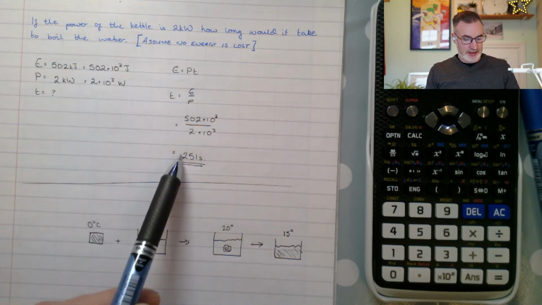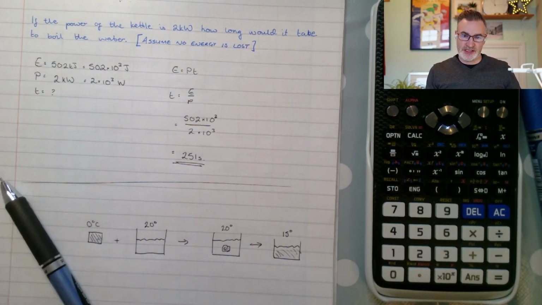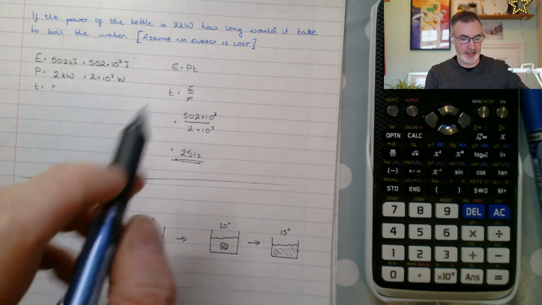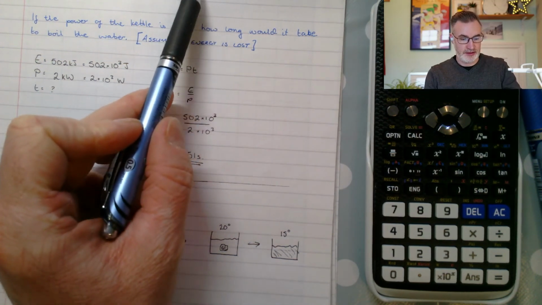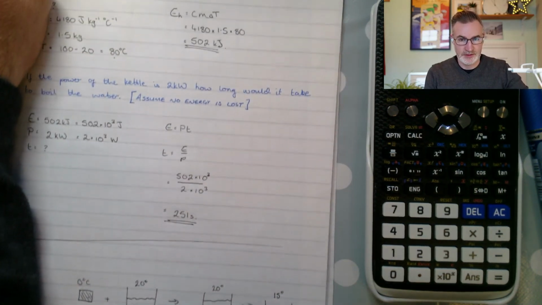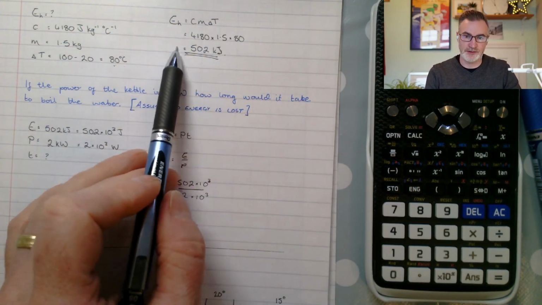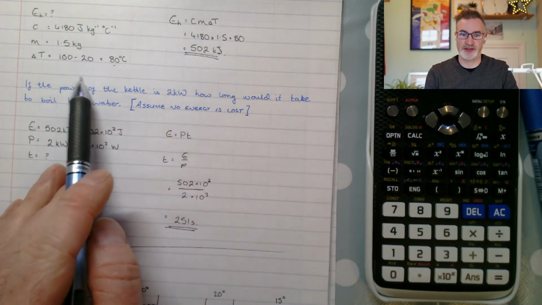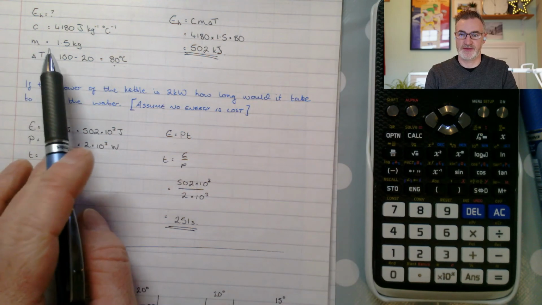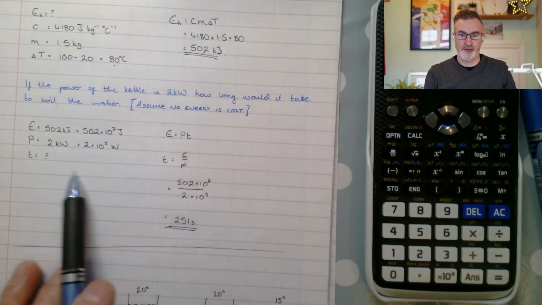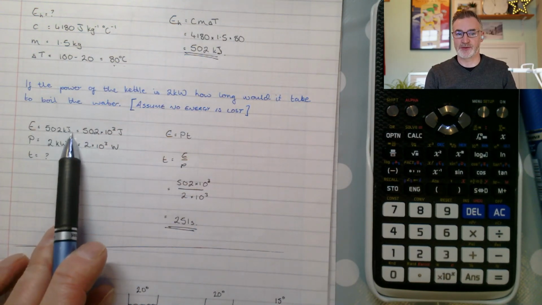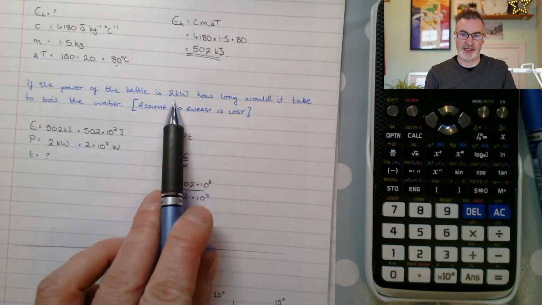So back to our kettle, it says it takes 251 seconds to boil the kettle. You definitely need 502 kilojoules of energy to raise the temperature from 20 degrees to 100 degrees. That's what you need. But we're assuming that this is what's supplied by the kettle.